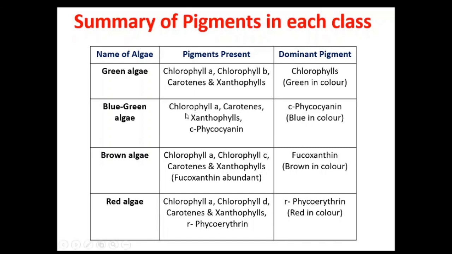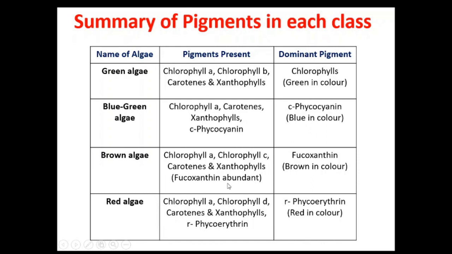Blue-green algae contains the pigments chlorophyll A, carotenes, xanthophylls and C-phycocyanin. Now C-phycocyanin is the dominant pigment in blue-green algae. So because of the excess quantity of C-phycocyanin, the dominant color of the blue-green algae is bluish-green.